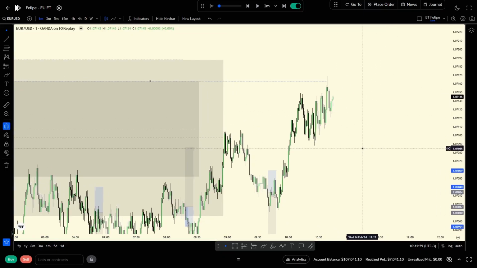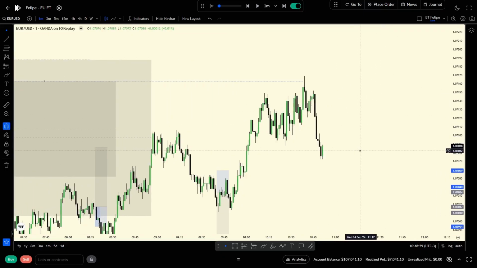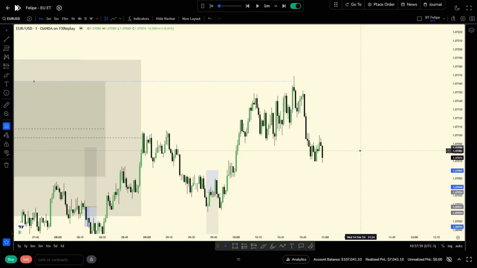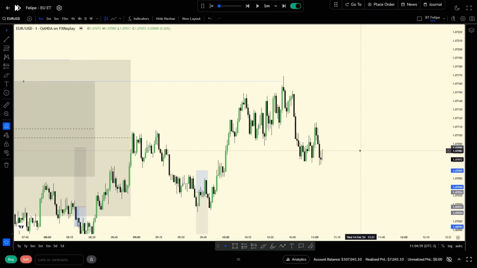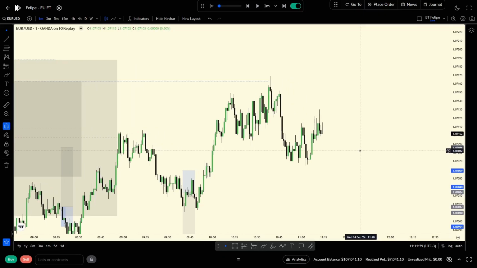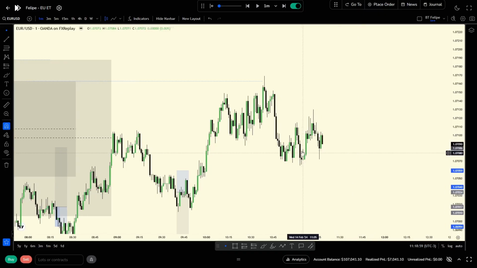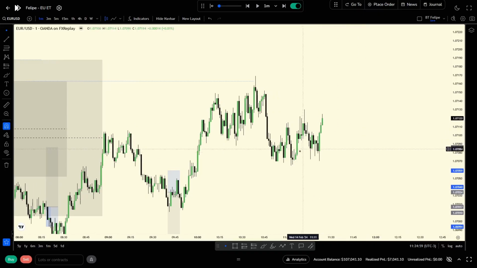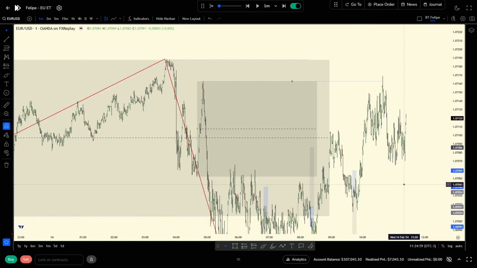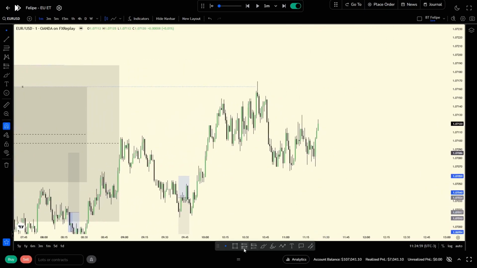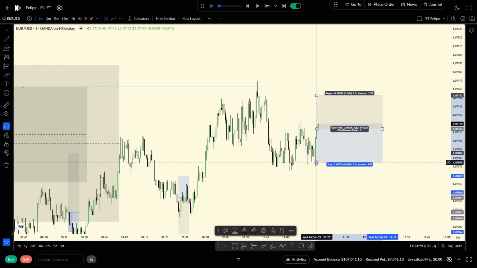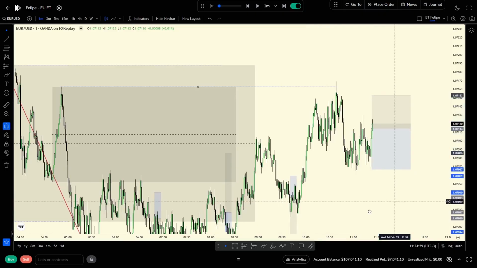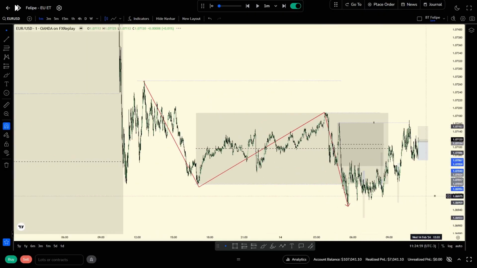Took the less liquidity. Maybe we can try this inside the demand area.